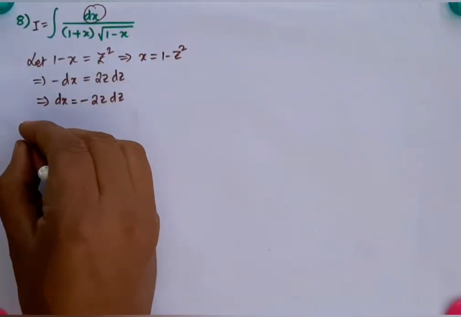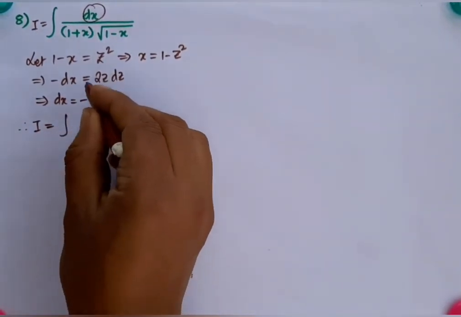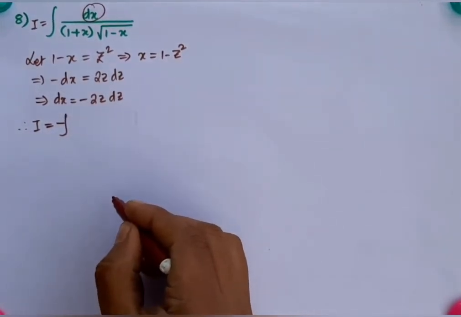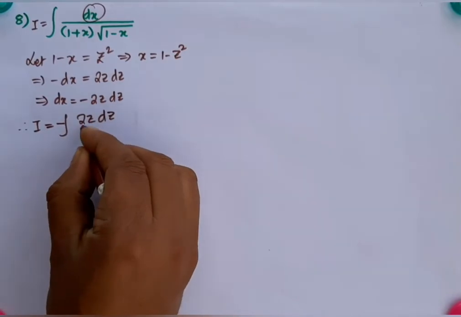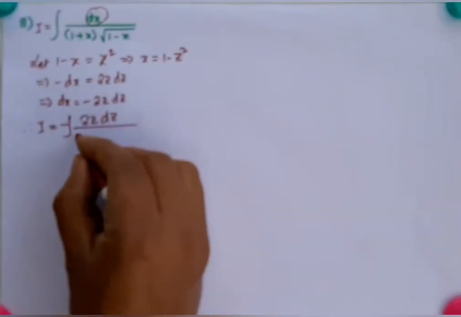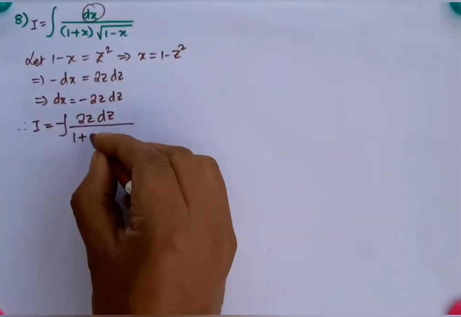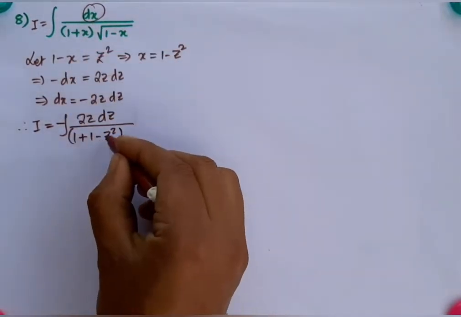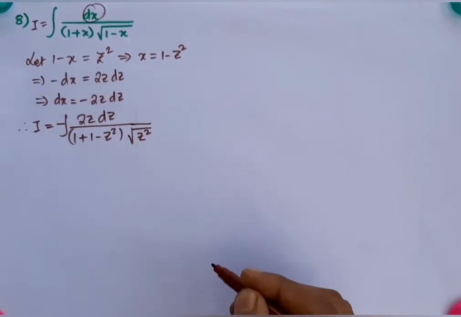Okay, now let's go back to our integral I. So therefore your I will become integral, so dx is minus, so let me keep this minus outside, so we have 2z dz divided by 1 plus x. So we have 1 plus x is there. So what is x? x is 1 minus z square, isn't it? So this is my 1 plus x. So we have got square root of z square.